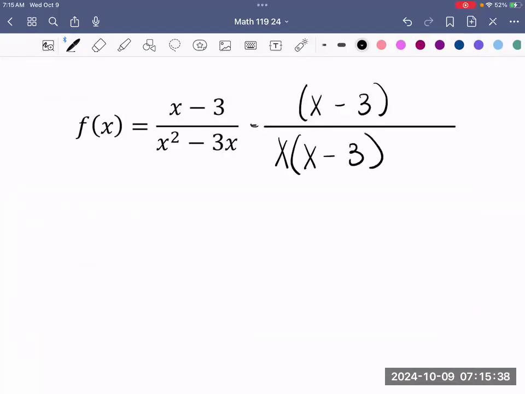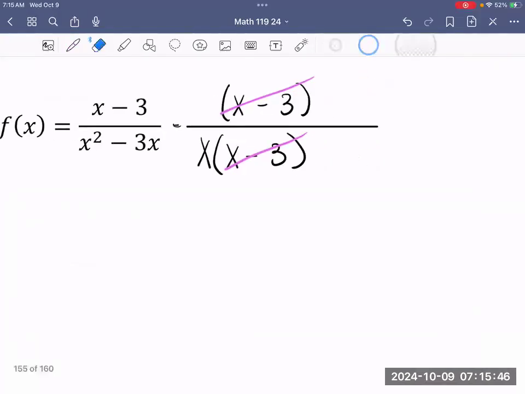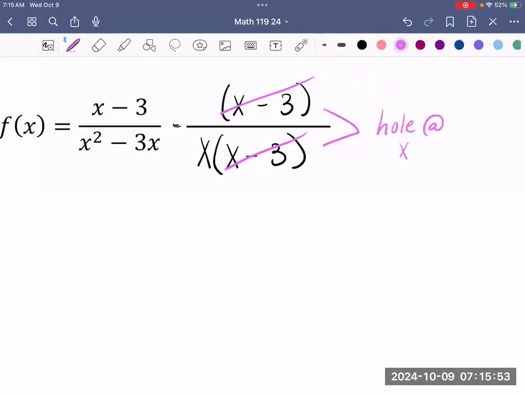We factored everything, and you'll notice that we can go ahead and cancel these out. When we've canceled, we are creating that hole. So there's a hole at x is equal to 3. Again, set x minus 3 equal to 0, so x is equal to 3.